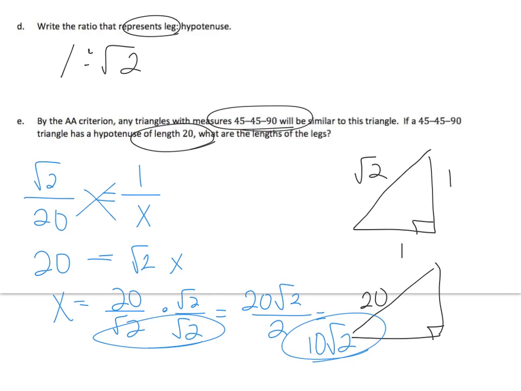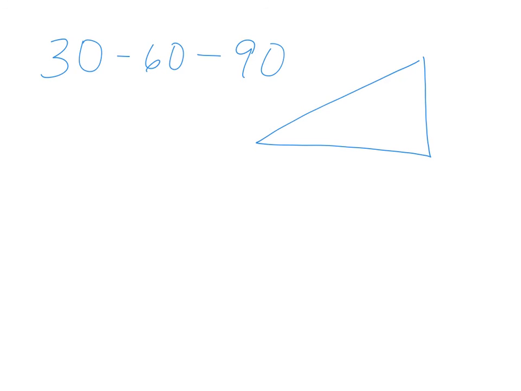That's actually the last slide, so we're done. The main thing today are 30, 60, 90-degree triangles. You have to have it memorized. The shorter angle, the small angle, large angle.